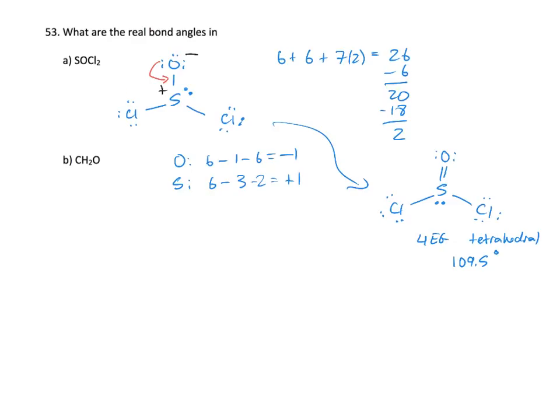We just want to know, is it greater than, less than, that sort of thing. And in a molecule like this, the lone pair of electrons that's here is more effective than the single bonds at repelling the other electron groups. So we would expect the bond angles in this compound to be a little bit smaller than 109.5.